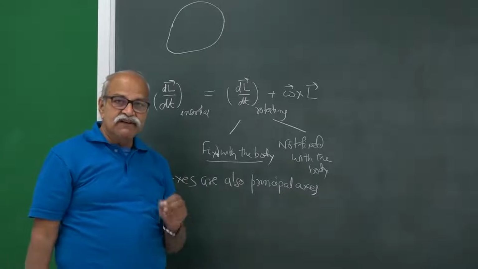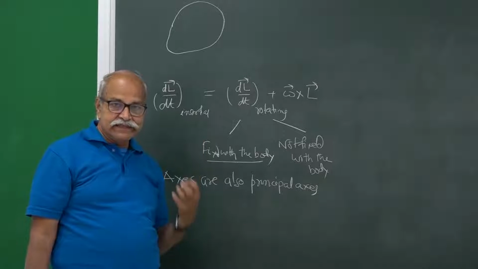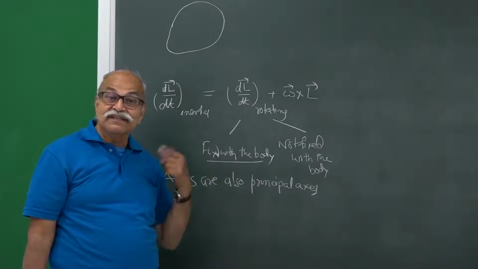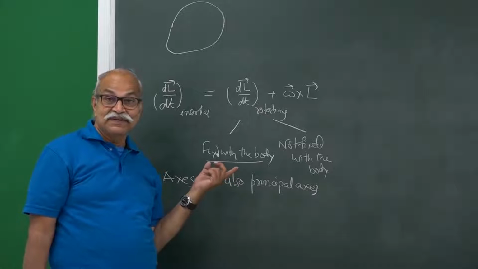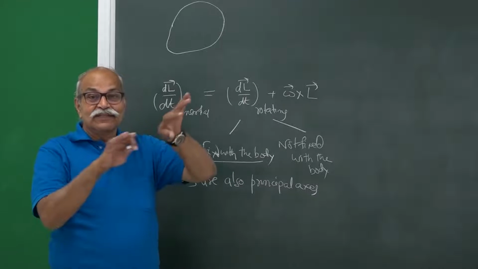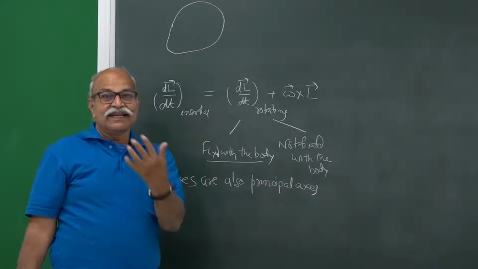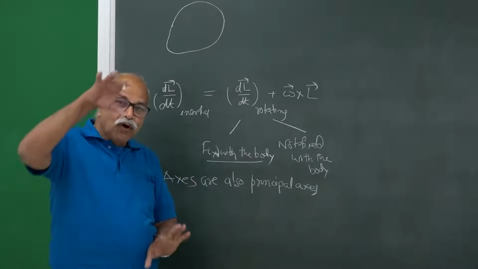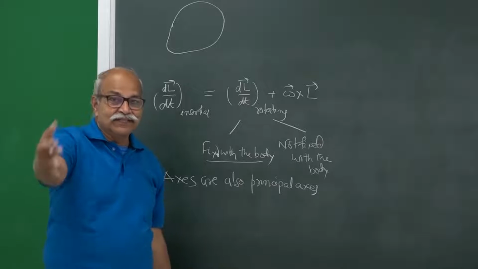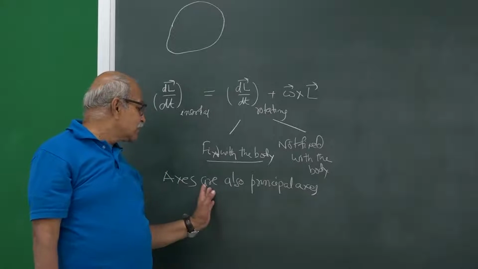If you have x, y, z axes, and in that axis system the product of inertia terms are all 0. You have 9 components of moment of inertia, 3 on the diagonal, which we write I xx, I yy and I zz, and then the off diagonals which we write I xy or I yx or I xz and so on. So, those are products of inertia.